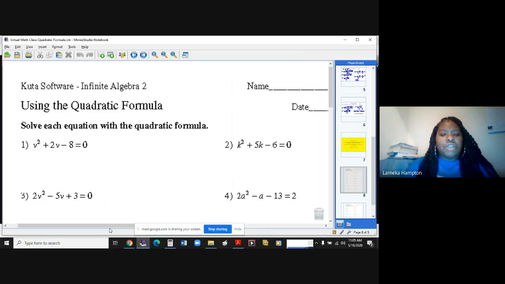We are actually going to see some, such as number 4, that doesn't equal 0, but we'll get there when we get there. Okay, so again, we have v squared plus 2v minus 8 equals 0. So it says solve each equation with the quadratic formula.